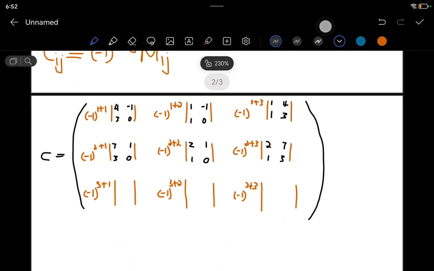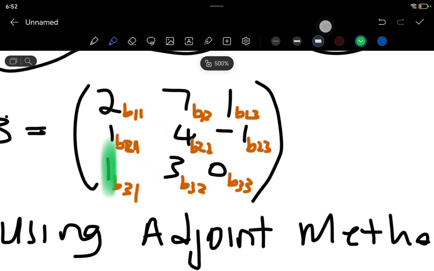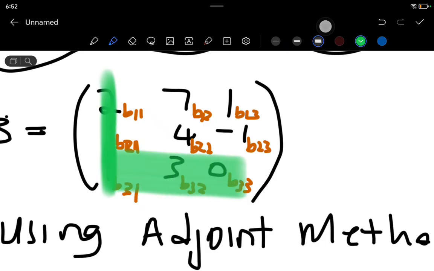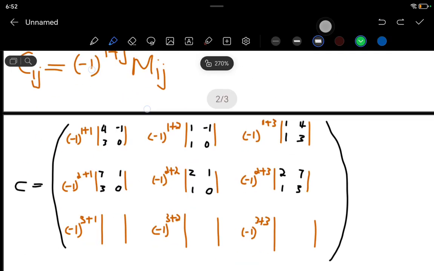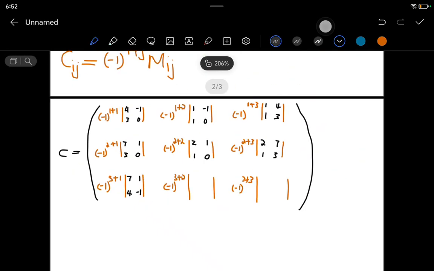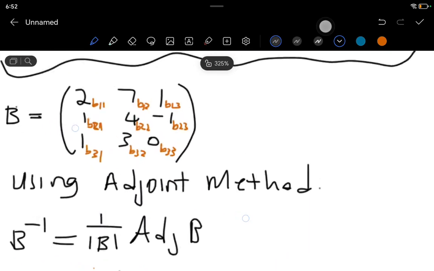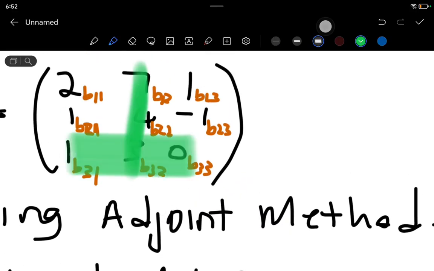Then we come to the last row. 7, 1, 4, minus 1. You come to the one here: 2, 1, 1, minus 1.